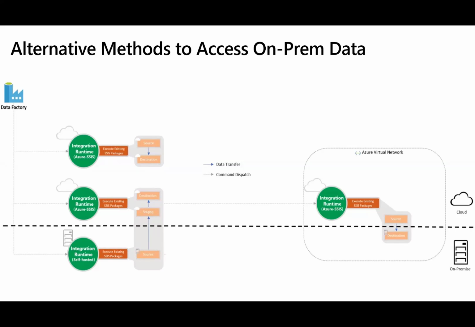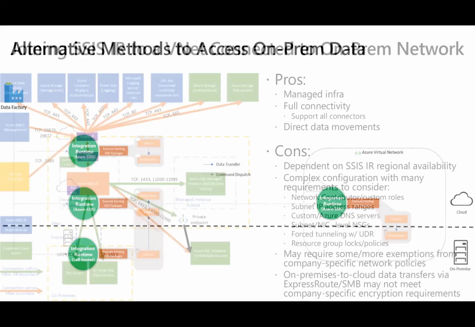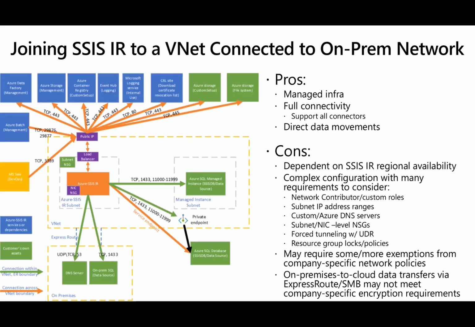Everything's done directly. So essentially, SSIS will reach down to the on-premises through, for example, express route or a VPN gateway to reach your data store and access data directly. Let's dig deeper on the pros and cons, basically advantage and disadvantage of using VNet. Okay. With VNet, essentially, we don't have any other new infrastructure.